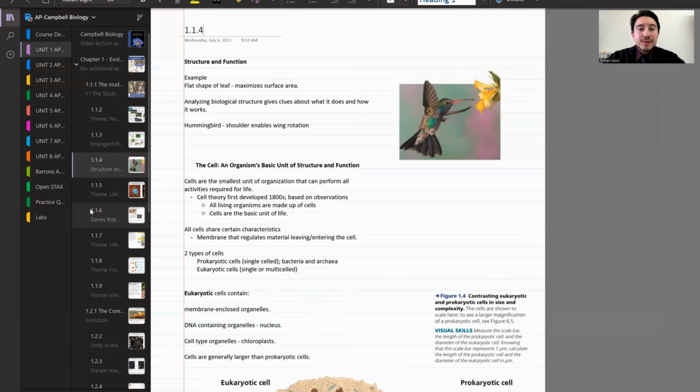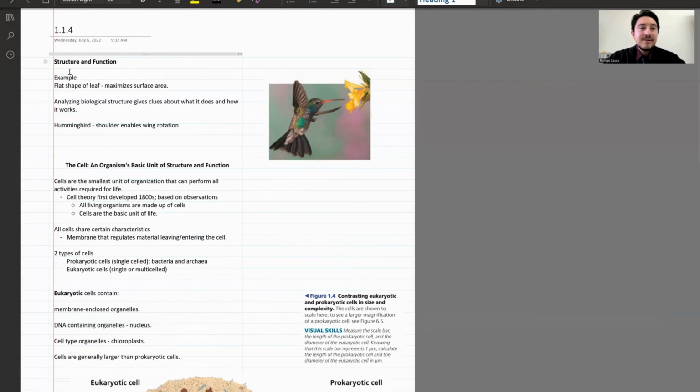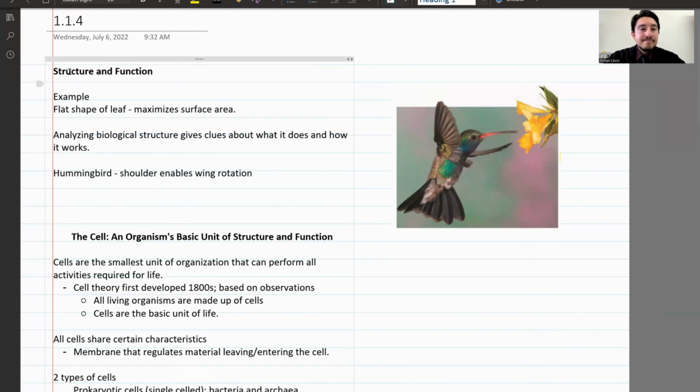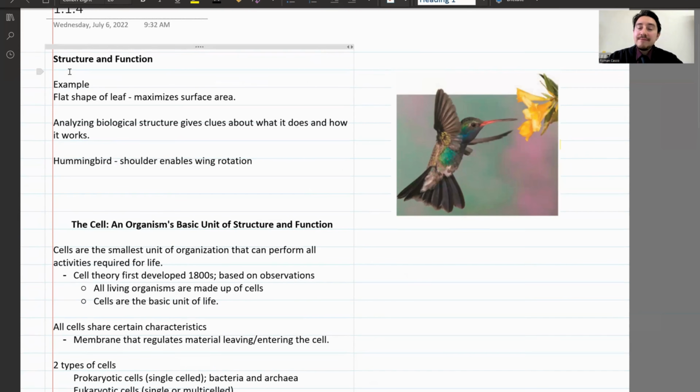Okay, so talking about structure and function. These are some of the properties I was mentioning in terms of properties of life. So structure and function, a very, very important principle. You're going to see this many times throughout the year, throughout the whole context of the book, that the way something gets structured will define the way that it works, right? In a simple example, you have the flat shape of leaves, right?